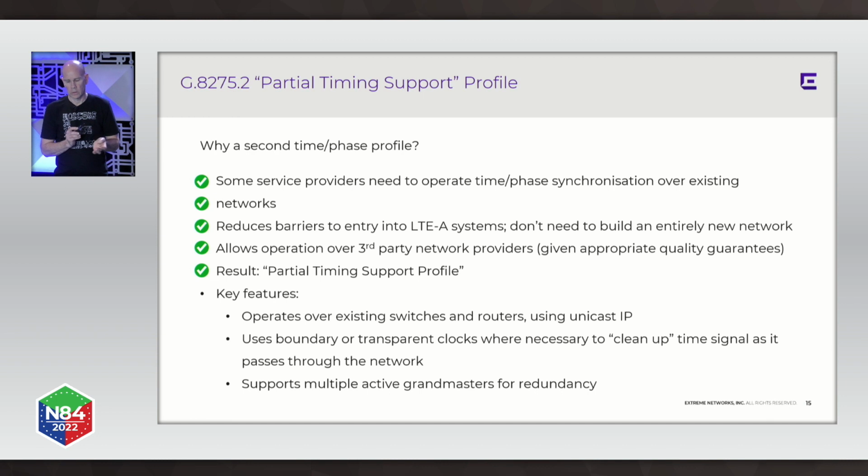The key features of the partial timing support profile are that it operates over existing switches and routers using unicast IP. It uses boundary and transparent clocks where necessary, and supports multiple active grandmasters for redundancy, as the previous 8275.1 profile does as well.